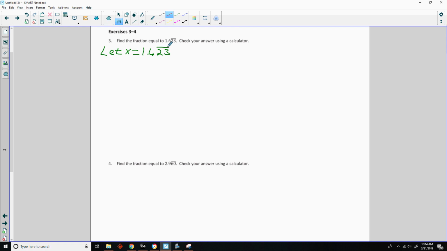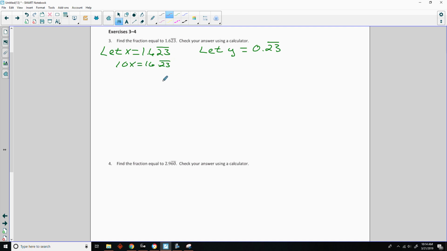And you let y equal the repeated portion. Okay, so ignoring the 1 and the 6, you say 0.23 would be our y. Okay, so if x is 1.623 repeating, then 10x is 16.23 repeating.